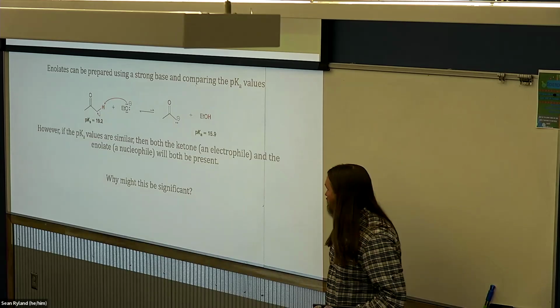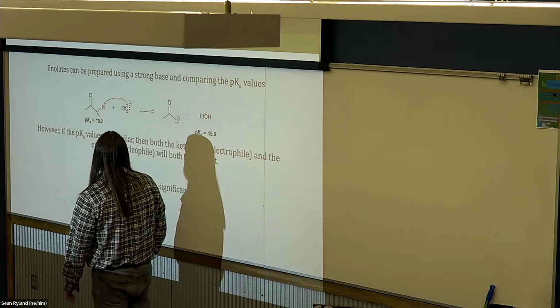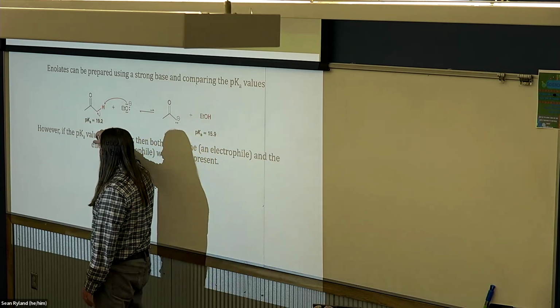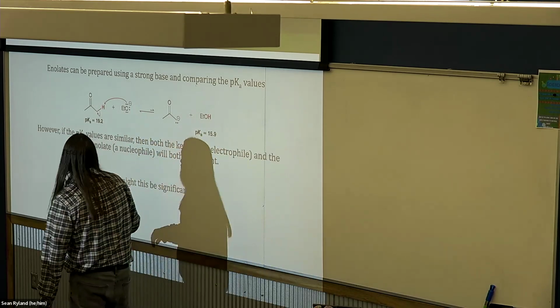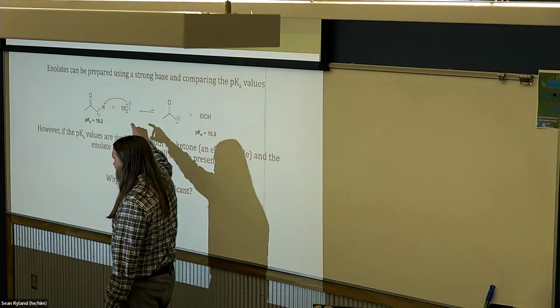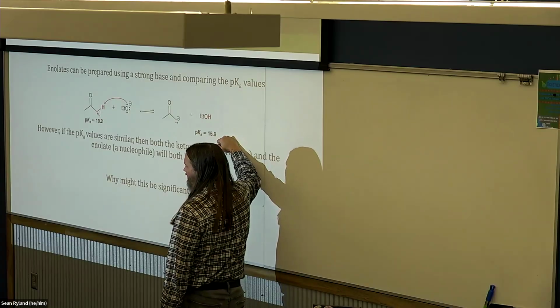We just need to use a strong enough base. If acetone, for instance, has a pKa of 19.2, we can't really use ethoxide as our base effectively, because ethoxide has a pKa of 15.9.